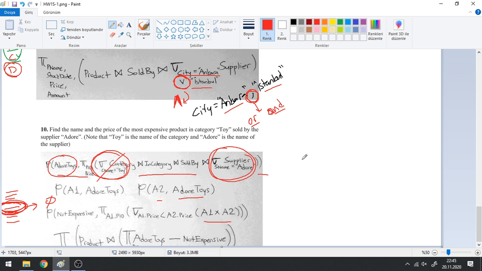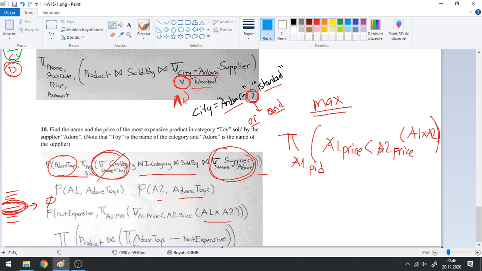So in here we are saying, okay, A1 price should be less than A2.price from our Cartesian product, and we are projecting from A1 side, A1.PID. This is done to find the maximum one.